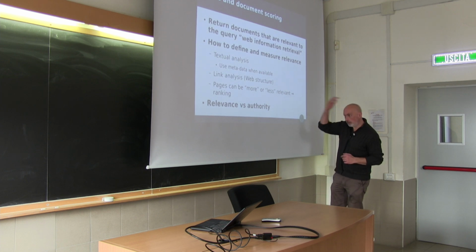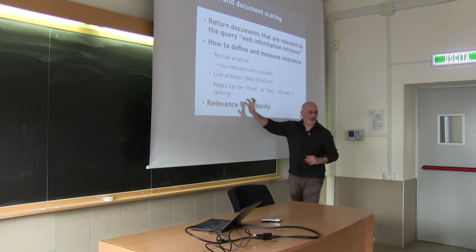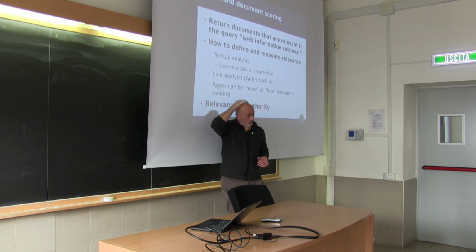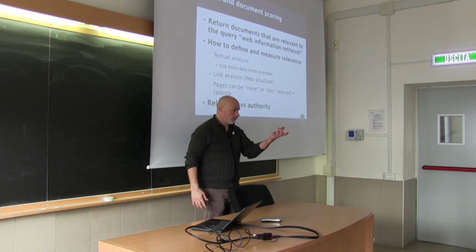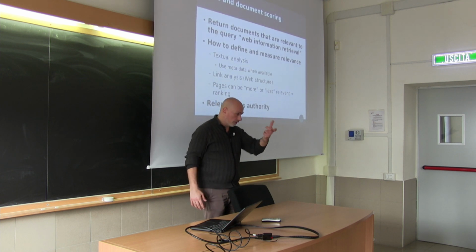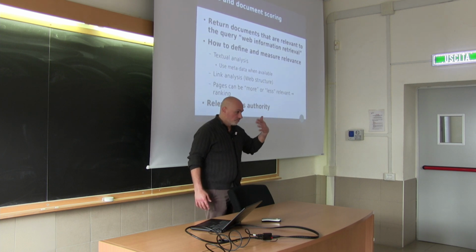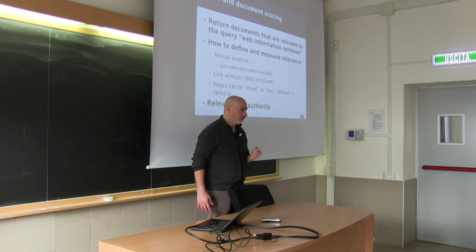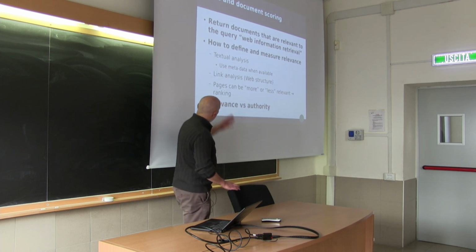So, how do we define relevance? There are a number of ways that we are going to see. Meta information can be important. For example, if some part of the text of your query appears in the title of a document, that confers a higher relevance in general than if it appears scattered in the body of the document.